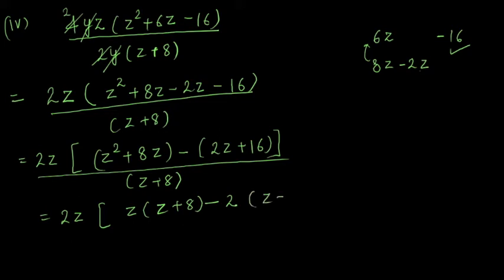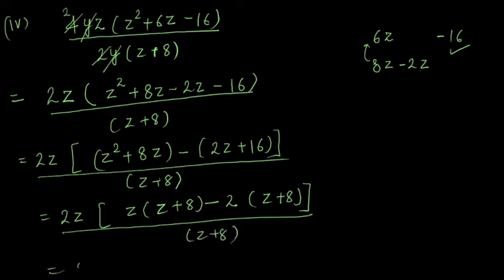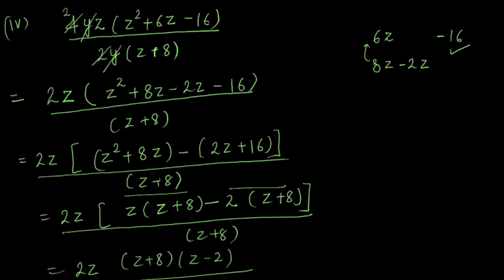You will have z plus 8 here. Again this z plus 8 as it is. So 2z, now from this term and this term, z plus 8 can be common. I am left with z minus 2, and in the denominator we have z plus 8. Cancelled. What is my answer? 2z into z minus 2.